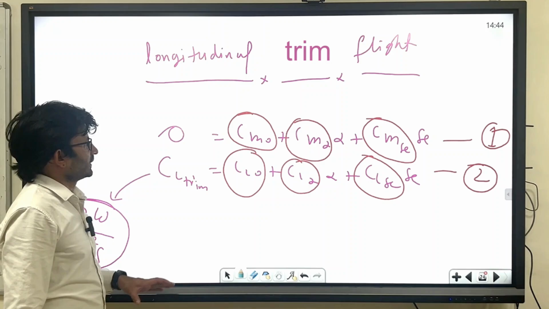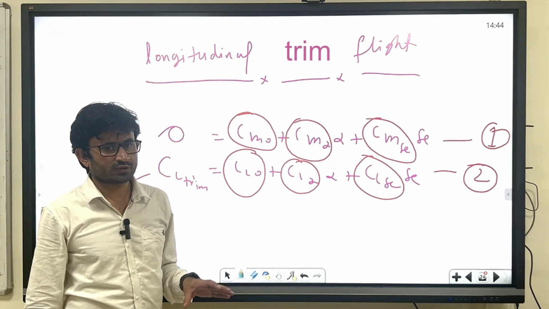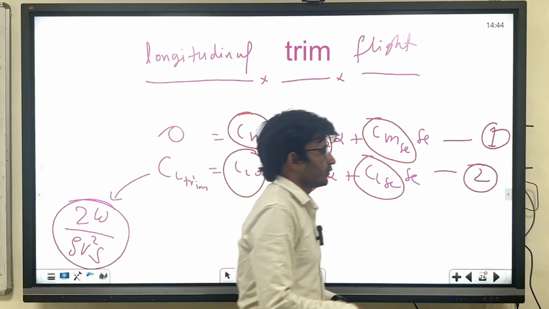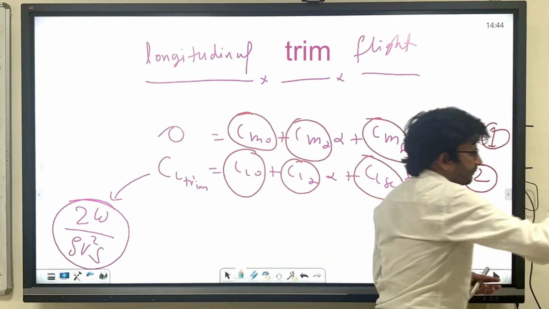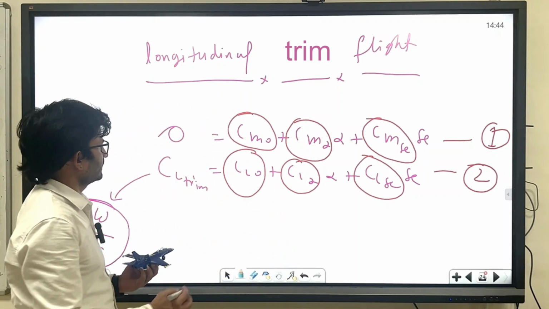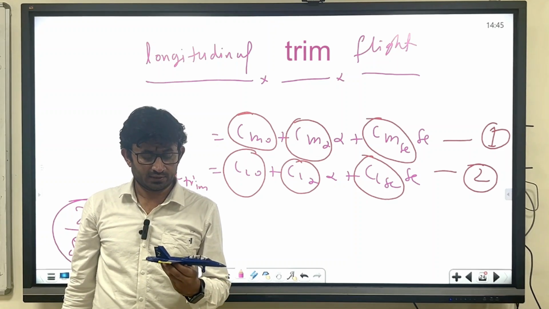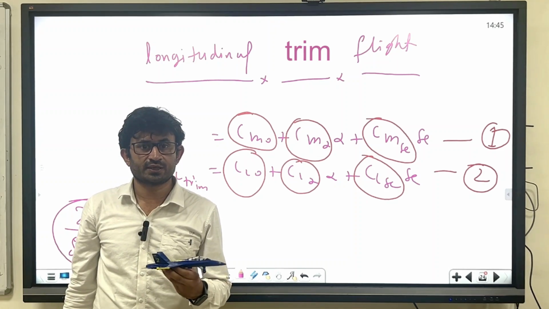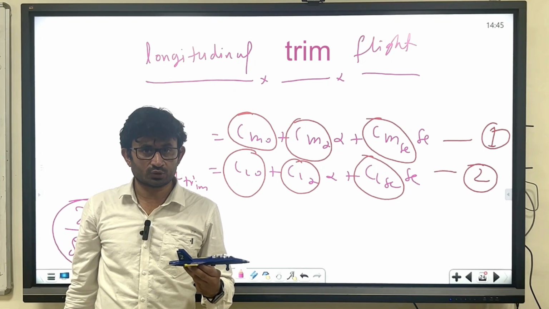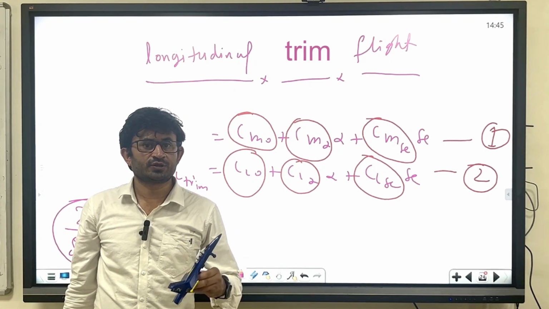So now we have one complete force equation and one complete moment equation, and let's say if you want to fly the aircraft in a steady state level flight, now we have one lift force and one moment equation, and if you want to fly at a steady state level flight, then you have to use the controls in such a manner that you should not get any net pitching moment.